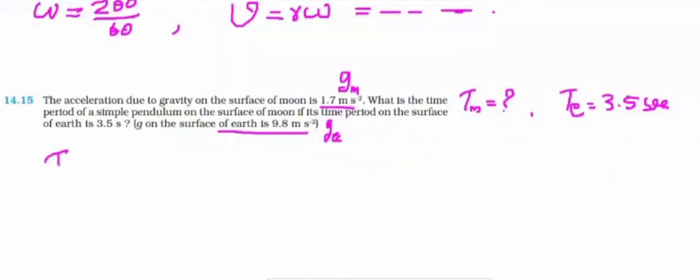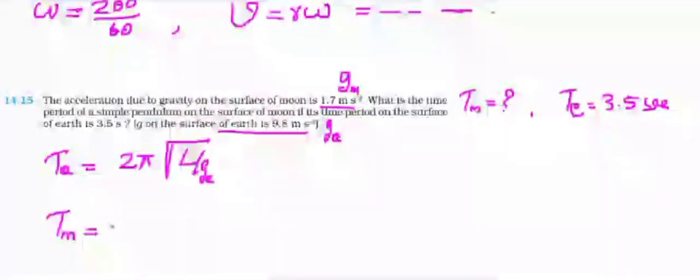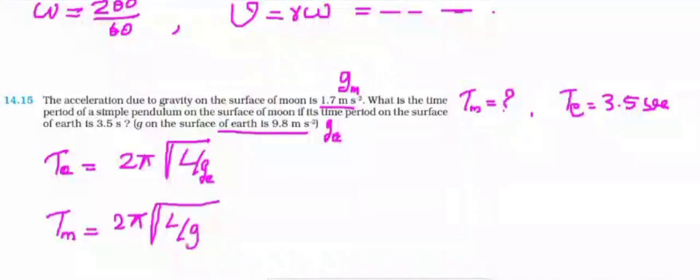What you have to do is take the formula first. Time period on Earth, Te, is equal to 2 pi under root L divided by G. Now time period on the moon, Tm, is equal to 2 pi under root L divided by GM.